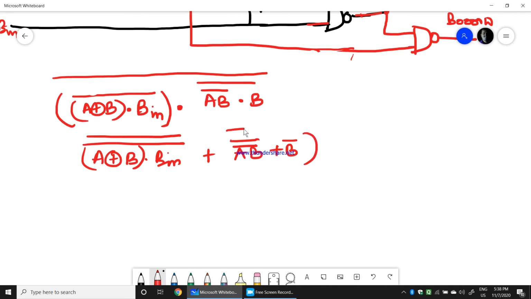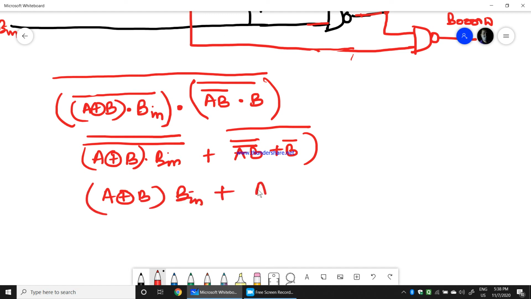Because both are given to one NAND gate, it is AB the whole bar plus B bar the whole bar. So this will be A XOR B multiplied by Bin plus AB plus B bar the whole bar.